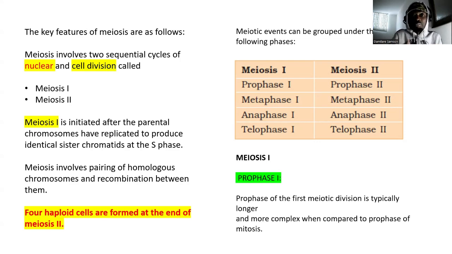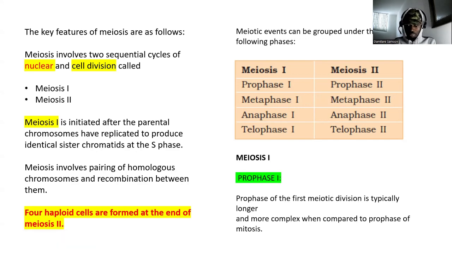It's just to talk about the event. So in meiosis 1, we have prophase 1, metaphase 1, anaphase 1, and what? Telophase 1. Everything is 1. In meiosis 2, we have prophase 2, metaphase 2, anaphase 2, and what? Telophase 2. Now, let's take them one after the other so we'll be able to understand them better.